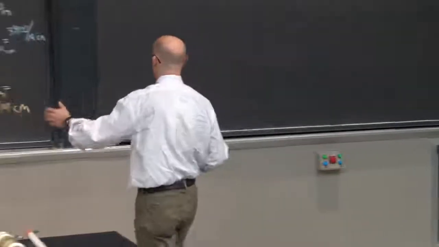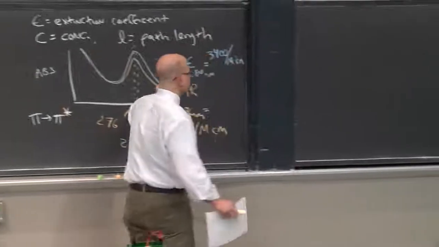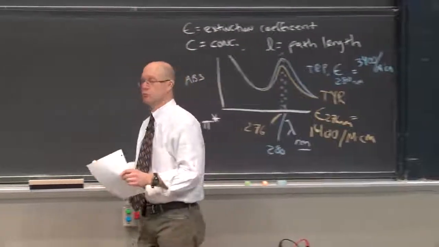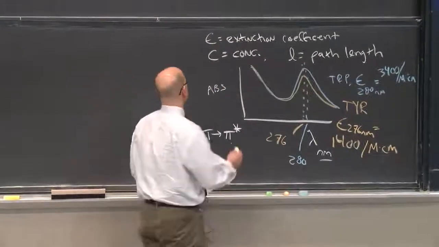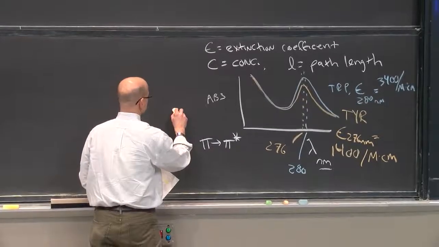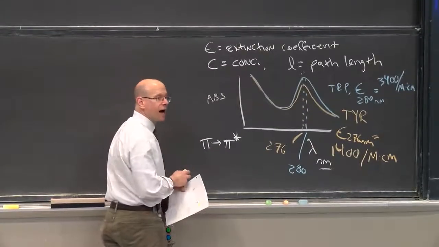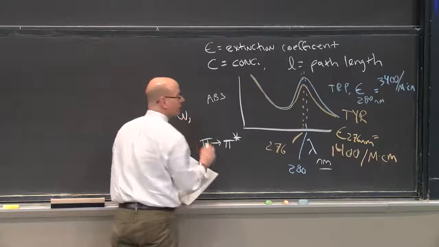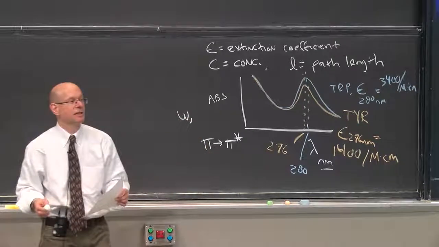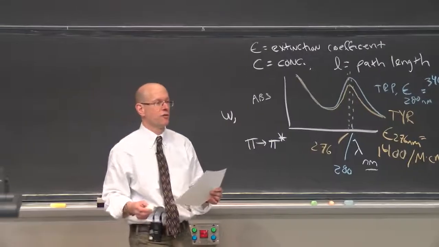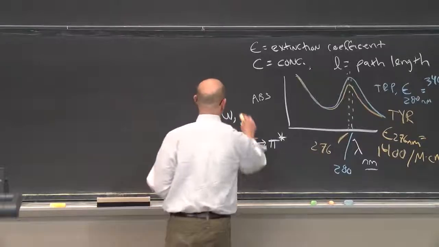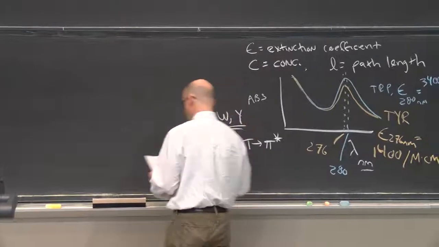So when we think about proteins, the two aromatic amino acids that do the absorption are tryptophan, single letter code W, and tyrosine, single letter code Y. Okay. These are the guys that do the absorption.